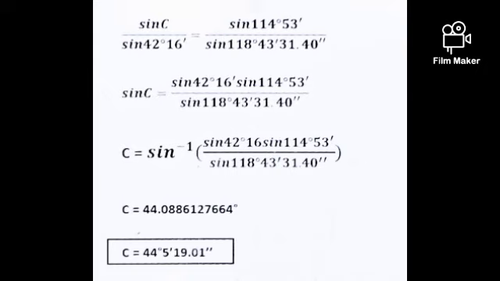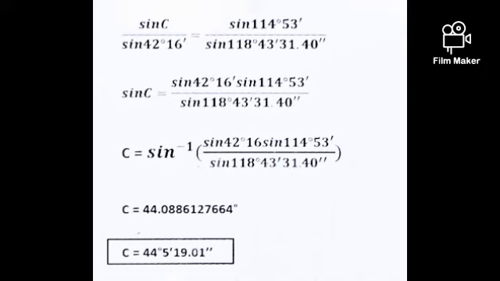Thus, angle C equals inverse sine or shift sine of sine of 42 degrees 16 minutes multiplied by sine of 114 degrees 53 minutes divided by sine of 118 degrees 43 minutes and 31.40 seconds.